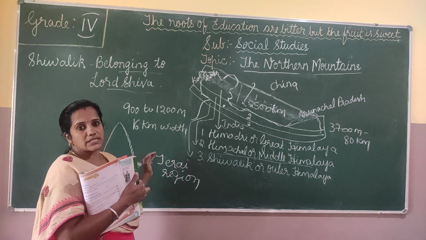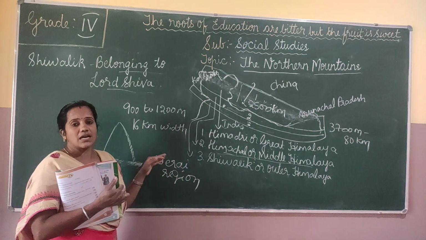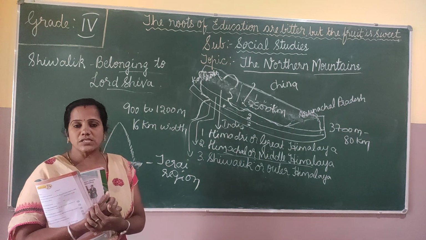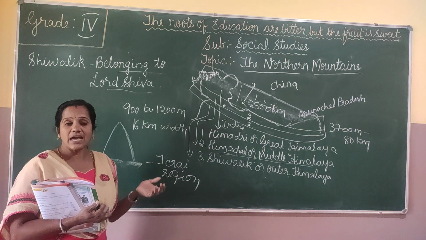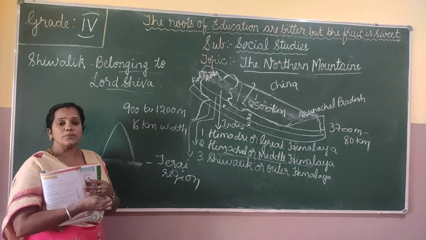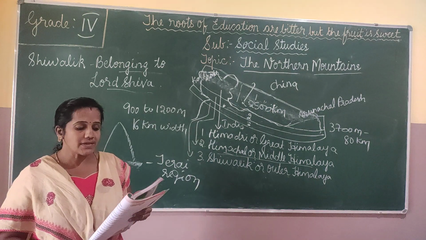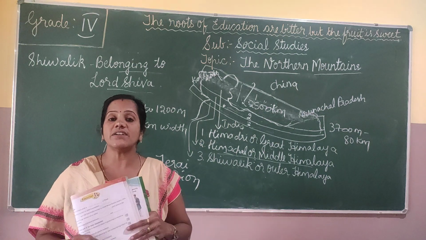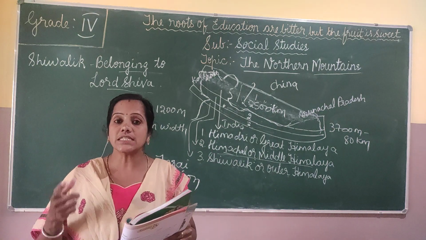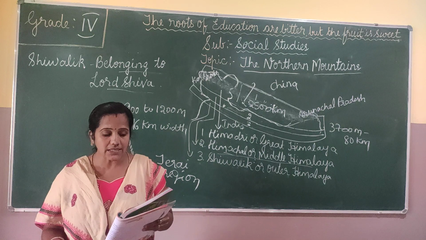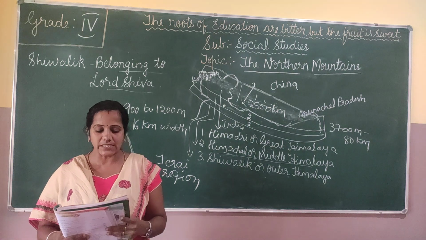These forests are home to a variety of wild animals, so the government has set up several protected forests such as Corbett National Park and Kaziranga National Park to stop deforestation and protect animals.